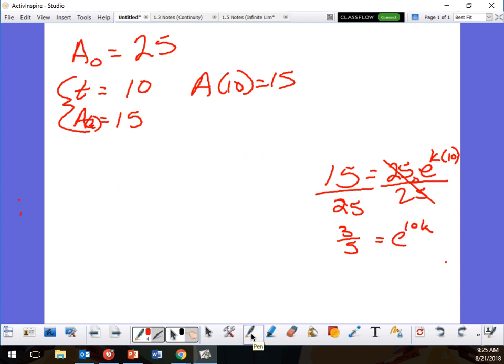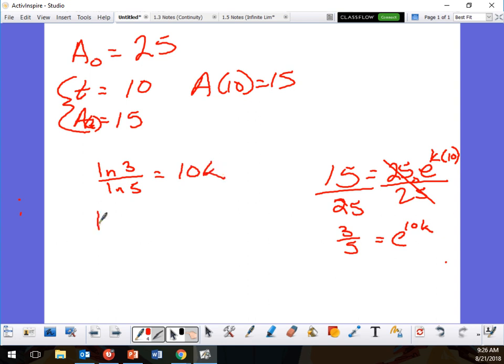Okay, so I'm trying to get k by itself. So how would I undo that? Natural log. Okay, so I'm going to take ln, but I got a fraction there, right? So this would be ln of 3 over 5 equals 10k, right?